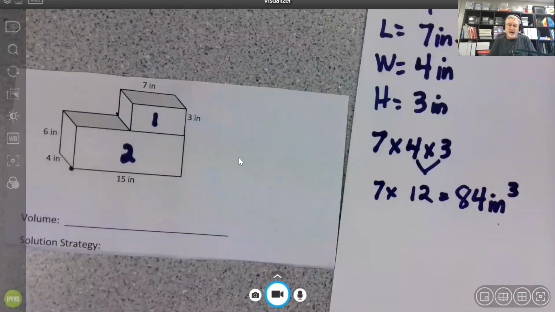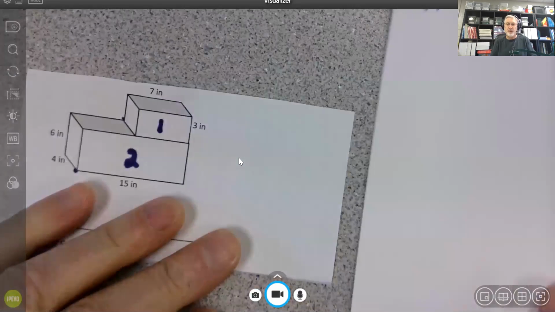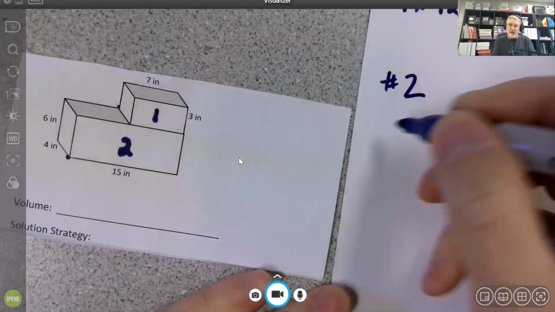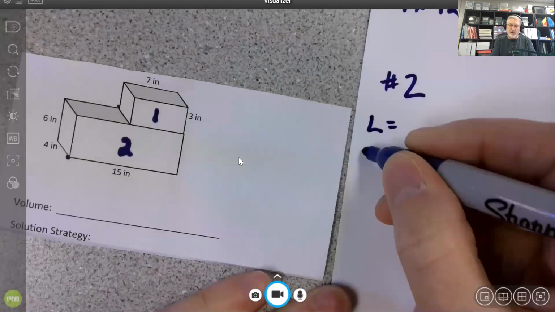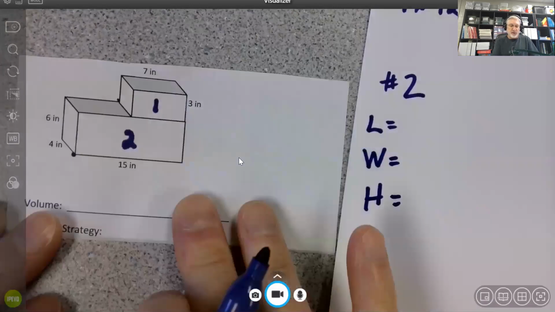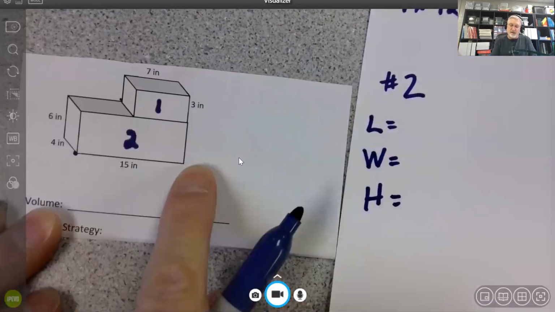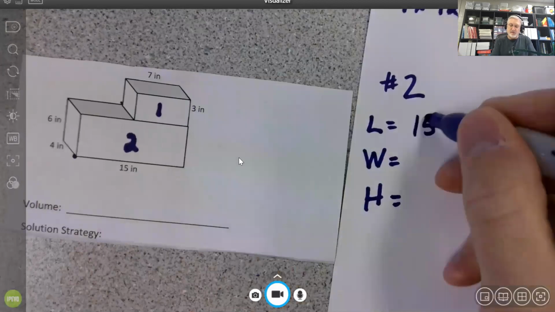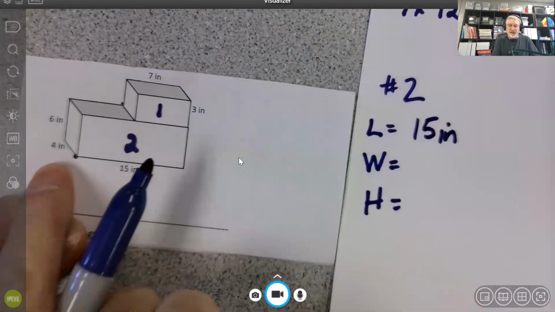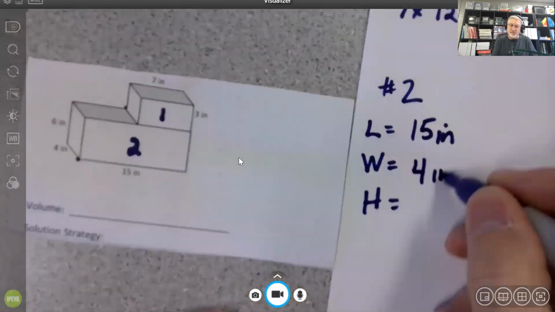Now I want to find out the volume of shape 2. So this is number 2, and I'm going to do length and width and height. All right. So I know my length right here, from here to here is 15 inches. And I know my width is the same as my width of my first shape, and it's 4 inches.